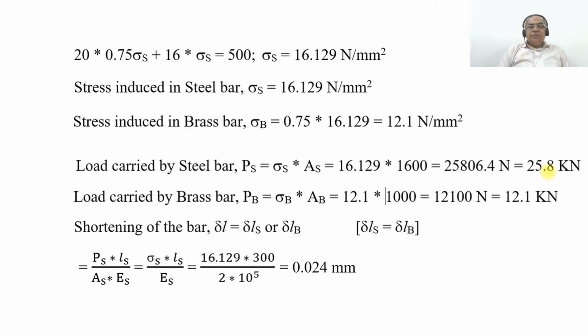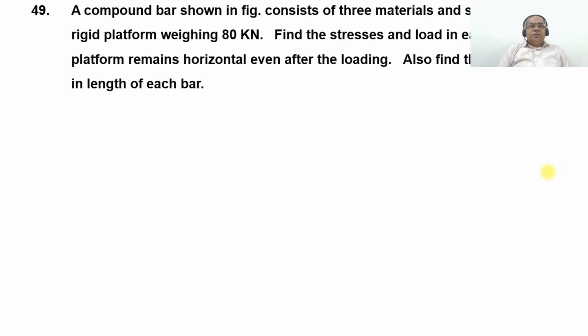You know the value of sigma S is 16.129. You substitute the value of stress in the steel bar as 16.129 and length of the steel bar as 300, divided by Young's modulus of steel bar, which is 2 into 10 to the power of 5. On simplification, you will get it as 0.024 mm. So this is how you will be able to get the solution for problem number 48.